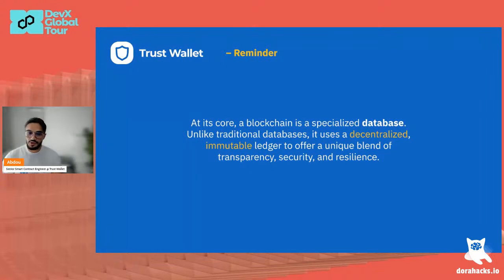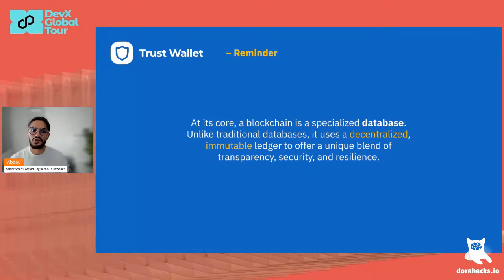So I think we should start with a reminder. If you are new to blockchain or if you've been around for a long time, it doesn't really matter. We should always remember that blockchain at its core is just a specialized database. But unlike traditional databases, it is decentralized and immutable. And that sets the difference between Web 2.0 and 3.0.